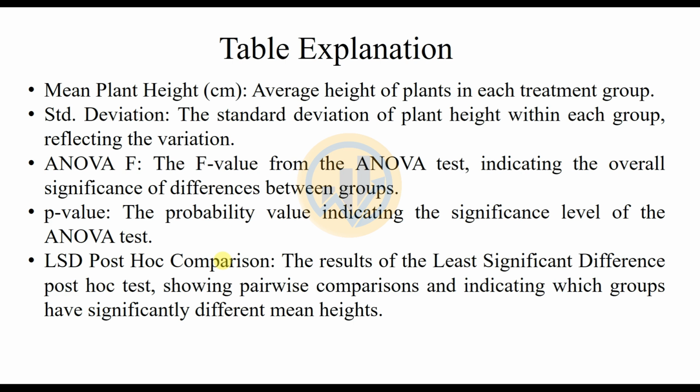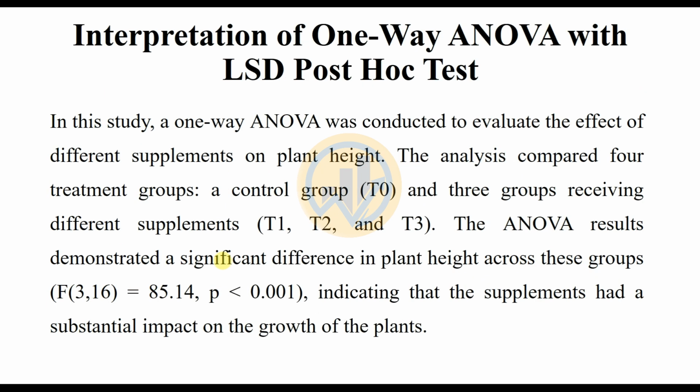P value is the probability value indicating the significance level of the ANOVA test. LSD post hoc comparisons are the result of the least significant difference post hoc test, showing the pairwise comparisons and indicating which groups have significantly different mean heights.